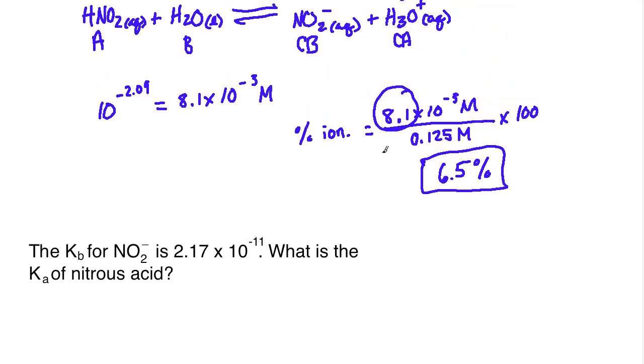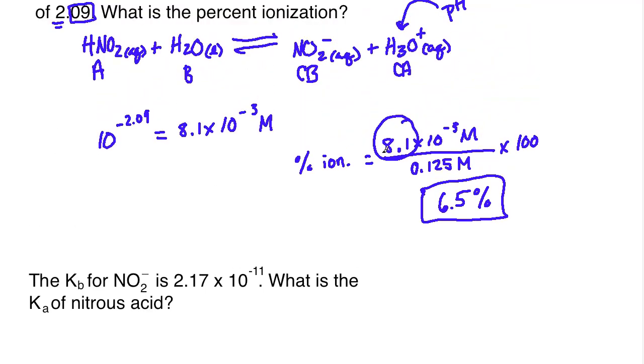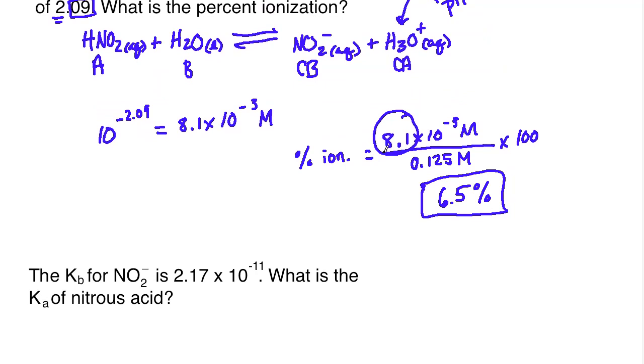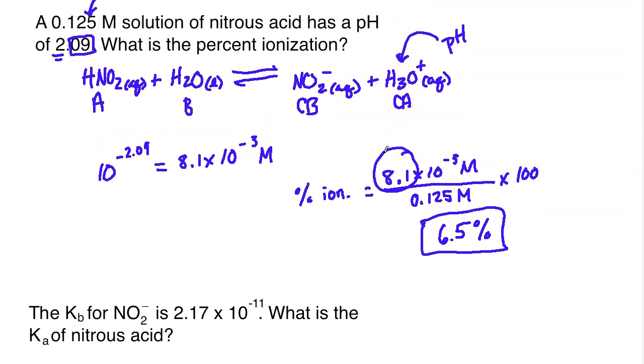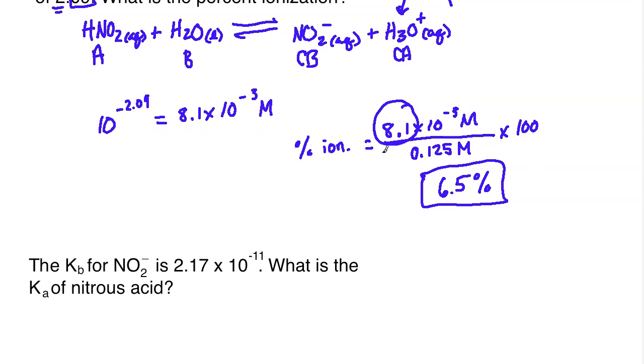Now to piggyback off of this, we've got the Kb for NO2 minus is 2.17 times 10 to the negative 11th. What is the Ka of nitrous acid? We're still using the equation that you can see from the first question. In order to solve this, we're going to need to take advantage of the Ka, Kb, Kw relationship.